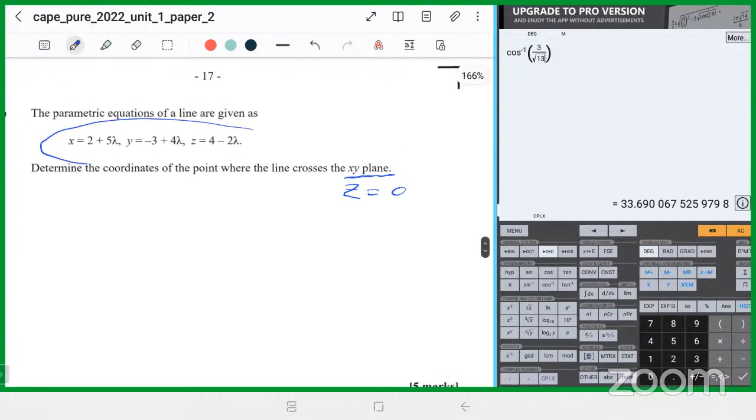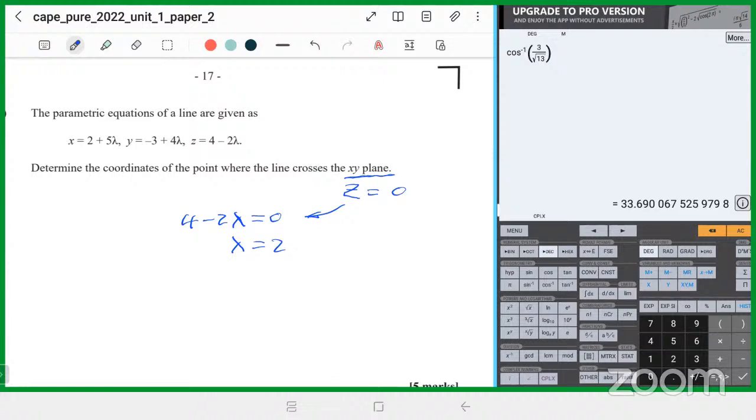Now this point is on the plane at that place. So this equals 0. So I want to use that. So it means then that 4 minus 2 lambda, which is z, is equal to 0. So lambda equals 2.